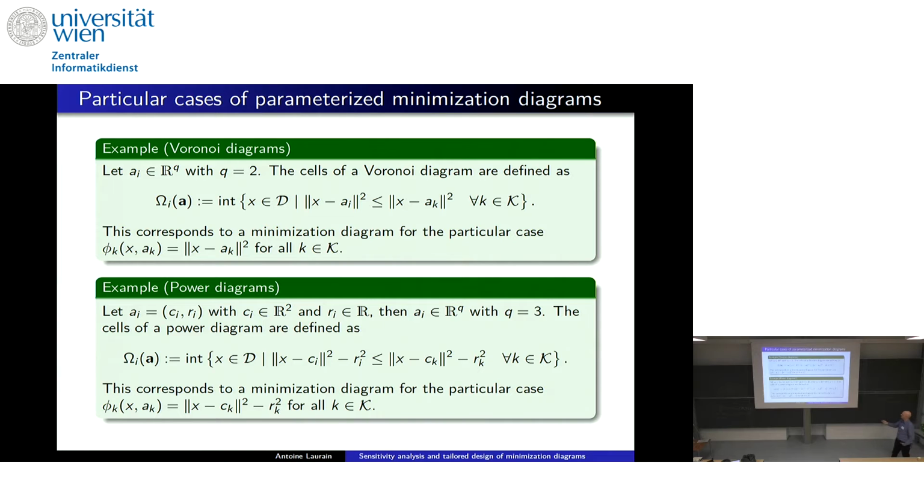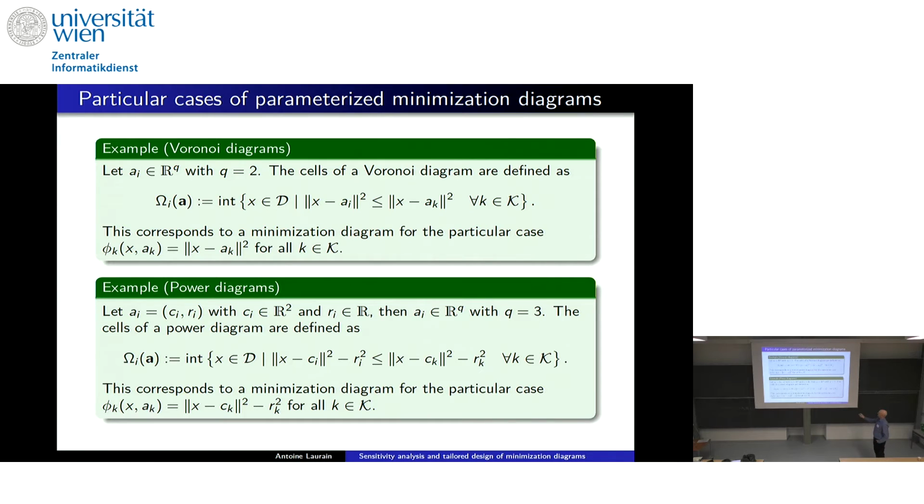So here are two examples. I've already shown the case of the Voronoi diagrams, and in this case, Q is equal to 2. And the A_i is then this parameter here that appears in the definition of omega i. So of course, it's a particular case of minimization diagram with phi_k defined like this. Okay? And then another example of diagram is the power diagram, which is also used quite a lot in applications, for instance, in optimal transport.